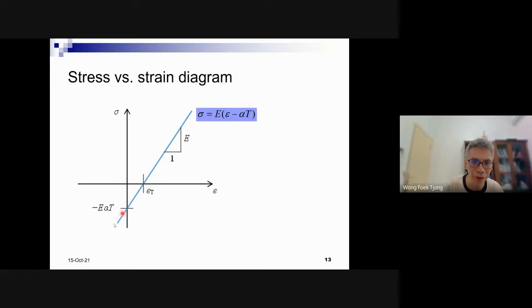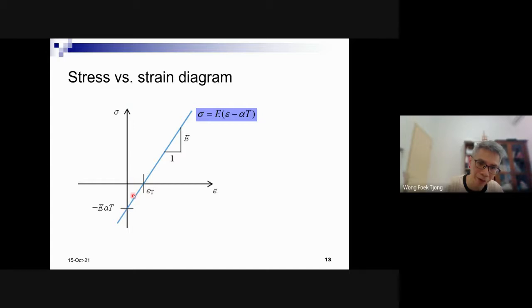So this is the graph, a linear one, because the relation between stress and strain is linear. Okay, if the strain increases, the stress increases. But if the strain is less than epsilon T, the stress will be negative.